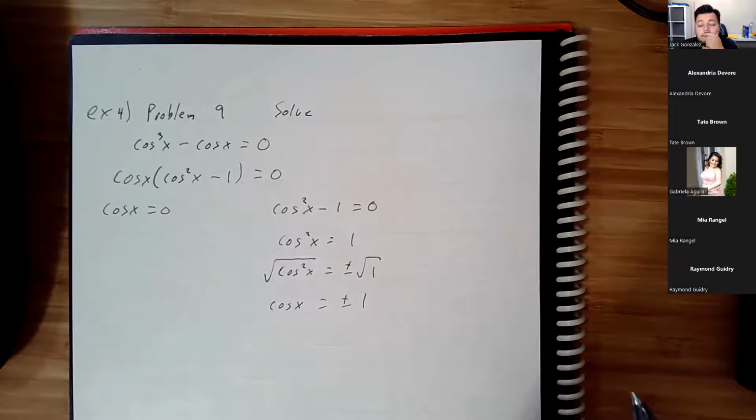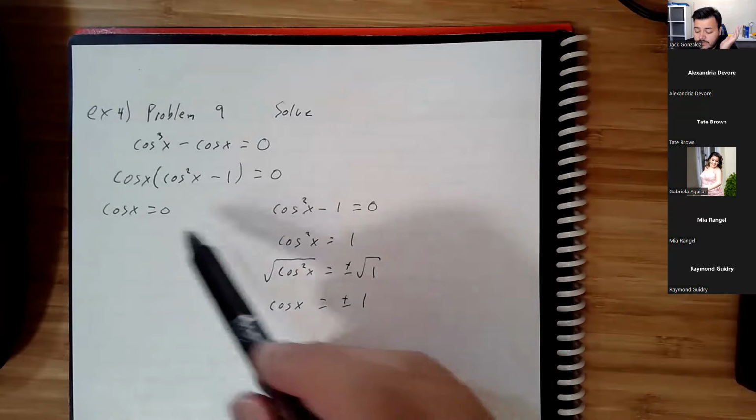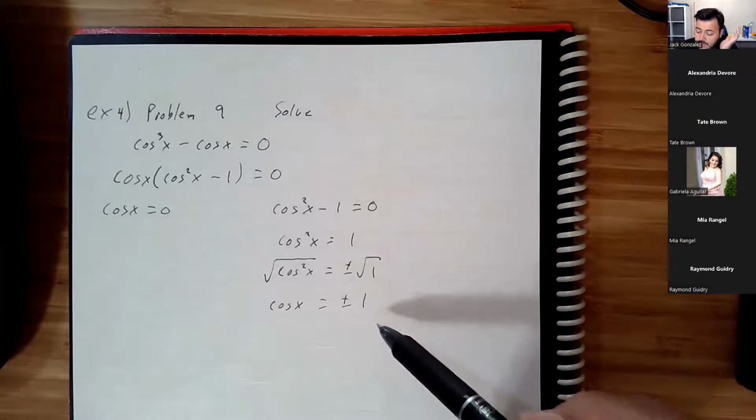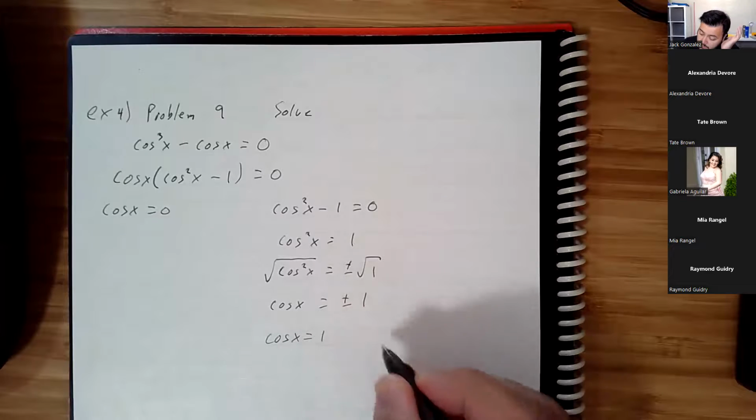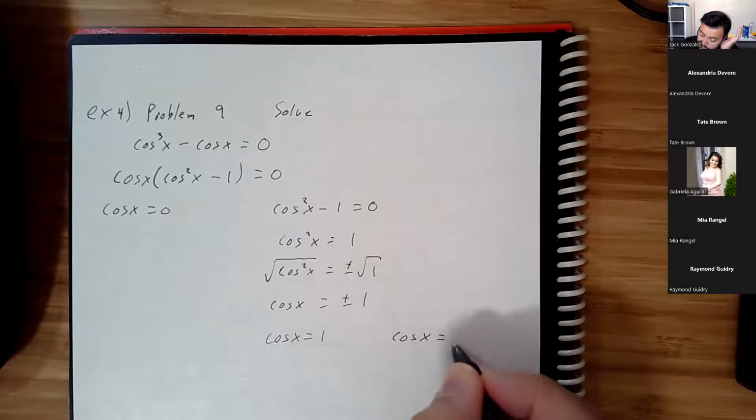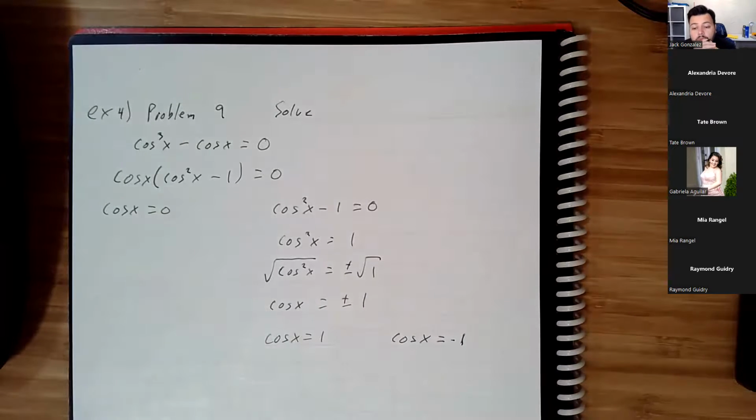So now let's find out when is cosine equal to 0. When is cosine equal to 1 and -1? So this is technically another 2 pieces. Okay.